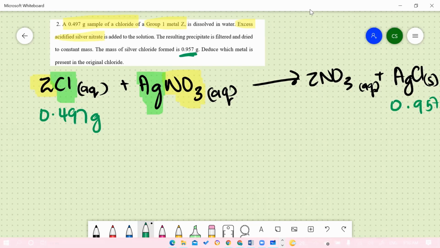That means we can basically subtract the 0.497 from the 0.97 to find how much of the chloride was in it. No, that's not how it works. They're two completely different compounds, silver chloride and ZCl, which is a group one chloride.